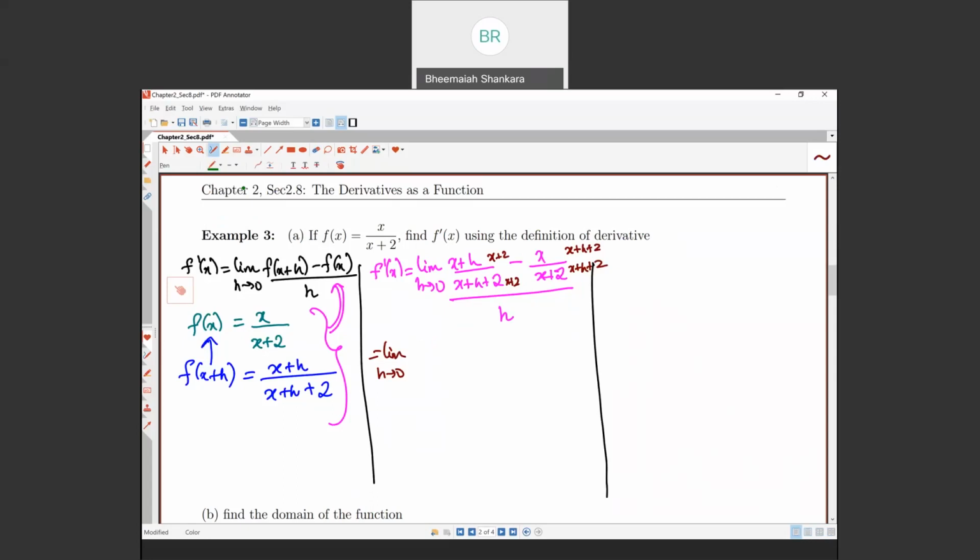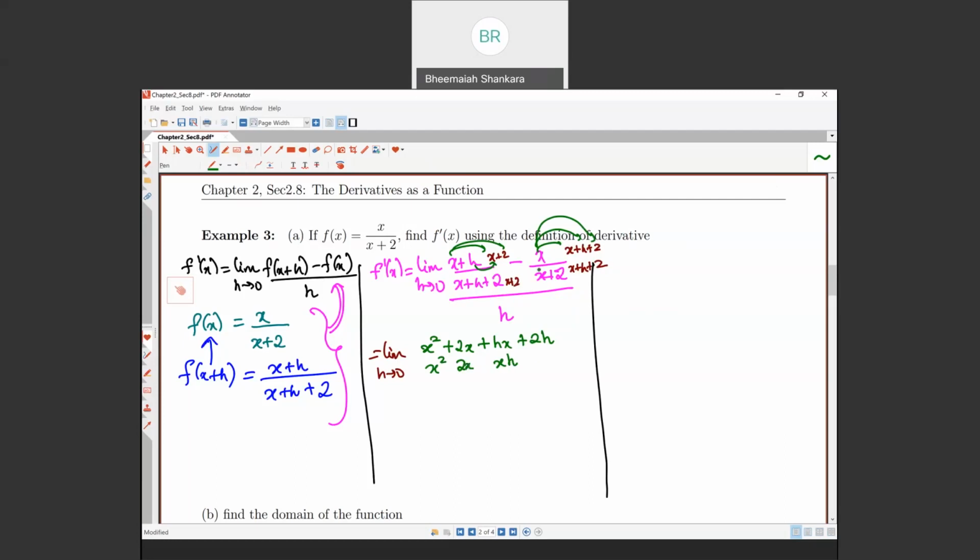to add the terms. X square, x times x is x square, x times 2, 2x, h times x, hx, h times 2, 2h. Similarly, x is multiplied to all these three terms. X square, xh, write that below hx, and then 2 times x is 2x.